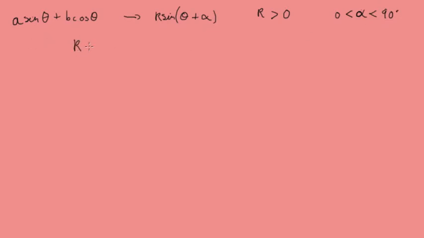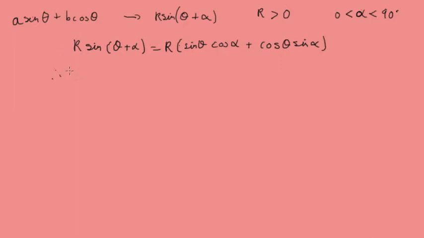So let's look at r sine(theta plus alpha). From what we've been doing, this is going to be r sine theta cosine alpha plus cosine theta sine alpha.